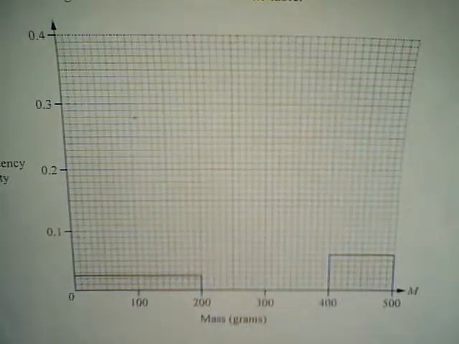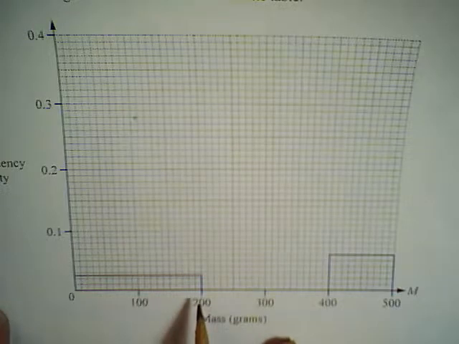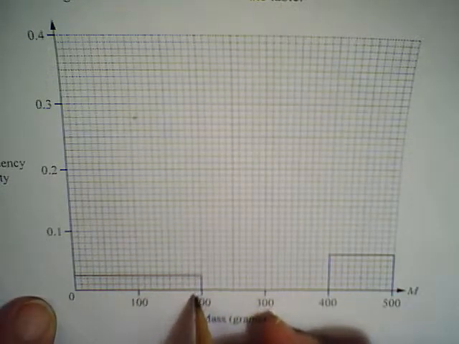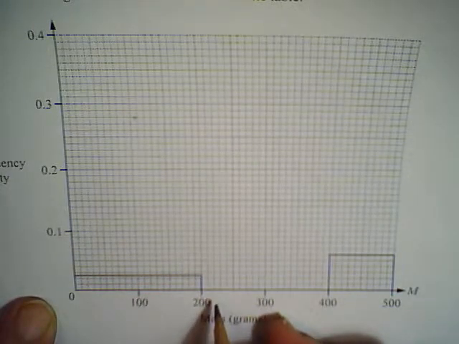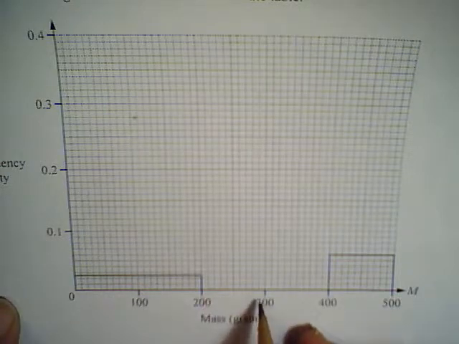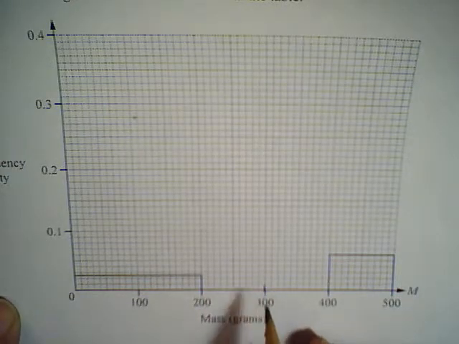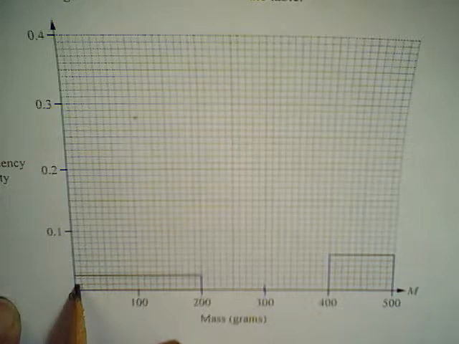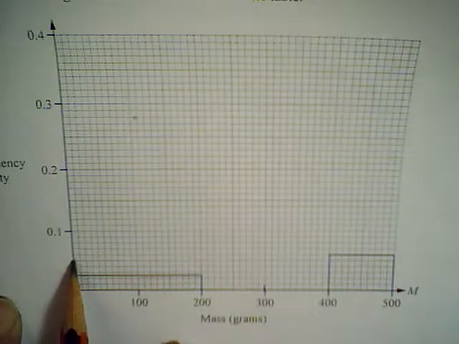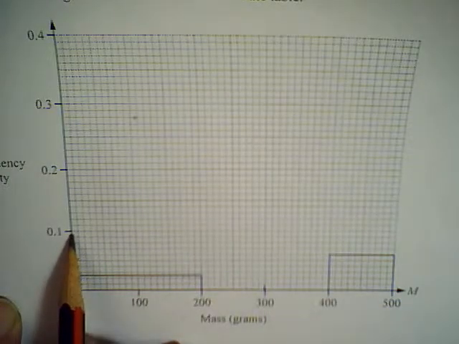Okay, so we need to fill these in. Okay, get my pencil out. So 0.09, and it is a class width of 100, so up to there, and that is 1, 2, 3, 4, 5, 6, 7, 8, 9, 10.